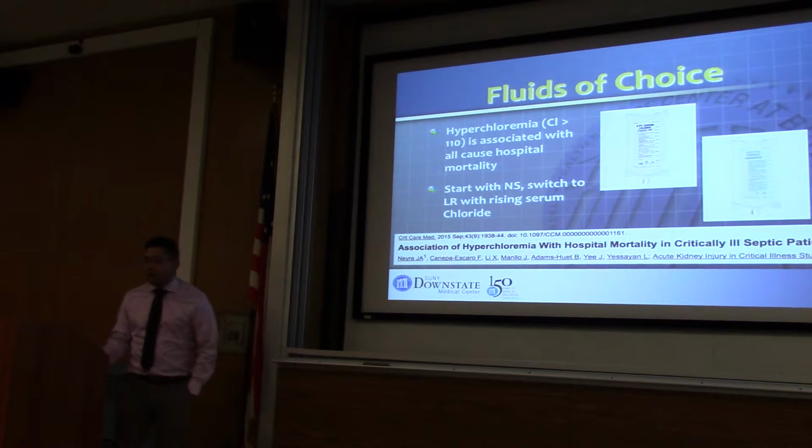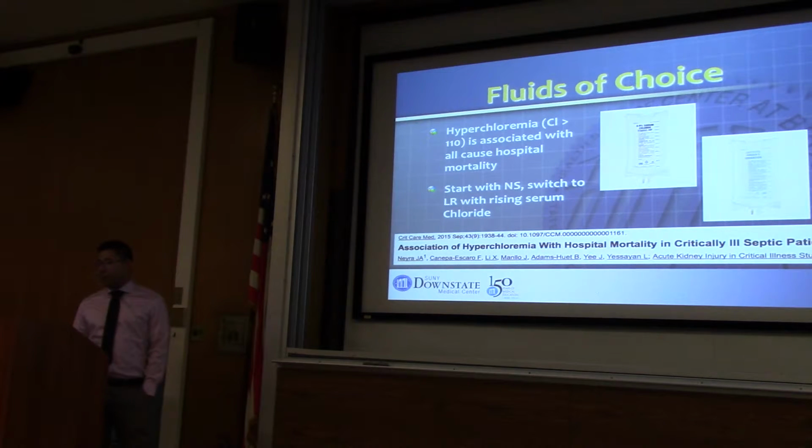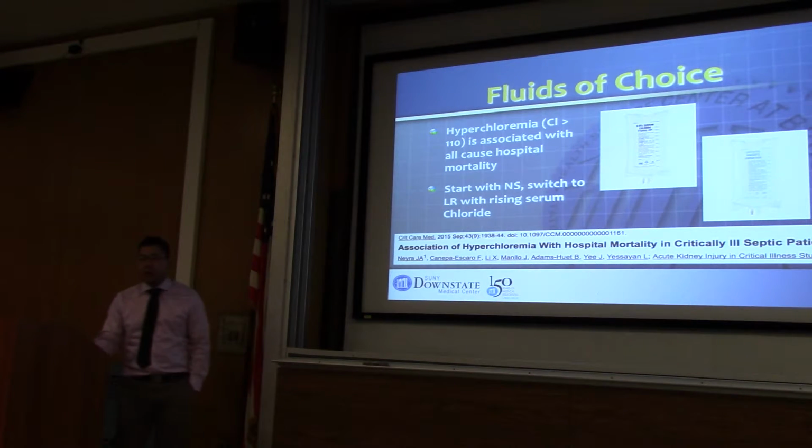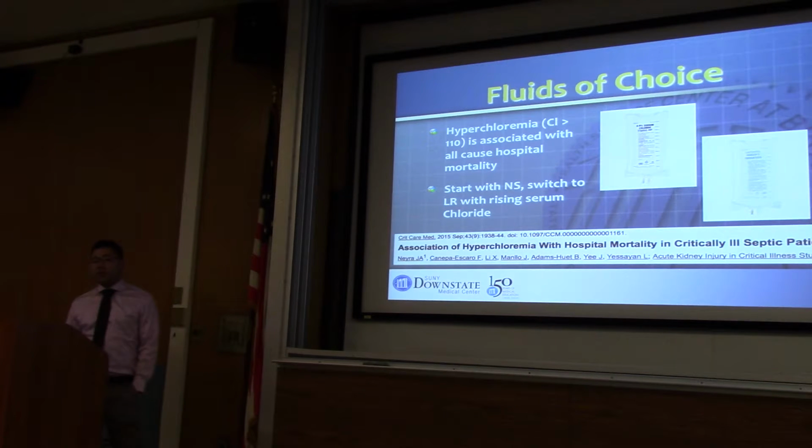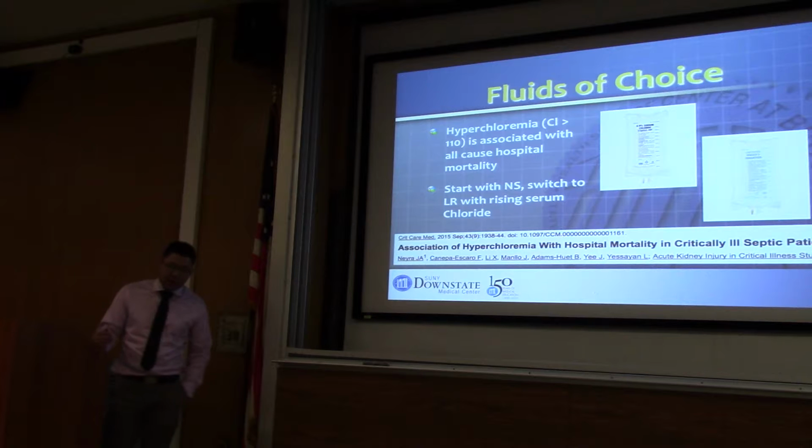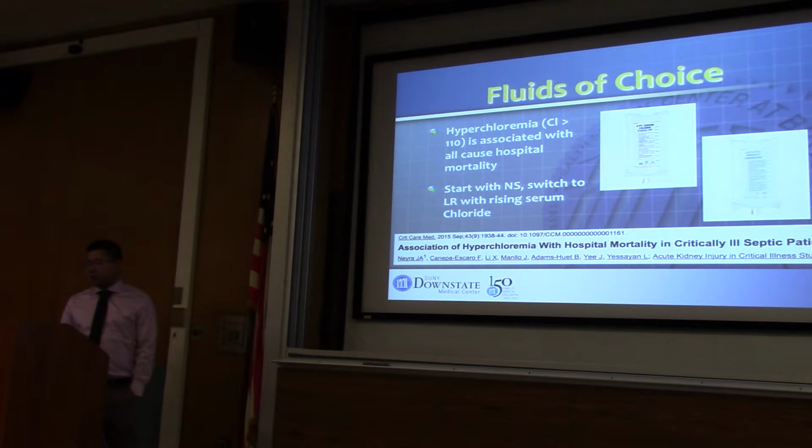What they found was that at 72 hours, not when they first came in, hyperchloremia is independently associated with hospital mortality, with an odds ratio of 1.27. And for those patients who come in initially with hyperchloremia, every increment of 5 in the chloride level also increases mortality, with an odds ratio of 1.37.